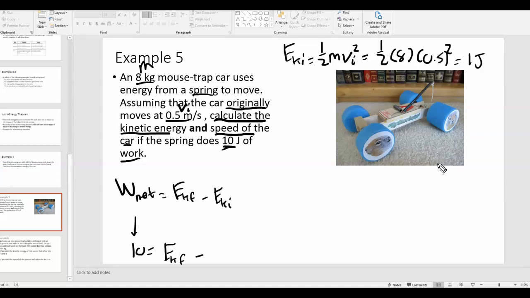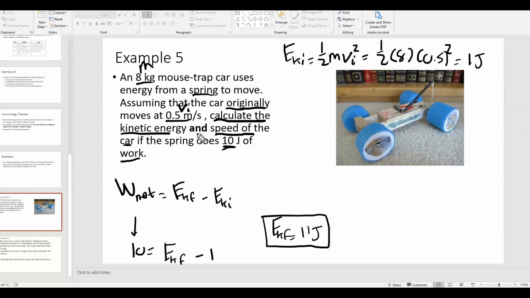Okay, and so that means the initial kinetic energy was 1 joule. Okay, so I put a 1 there for EKI. So if I add 1 to both sides, that means EK final is going to be 11 joules. Okay, so I've answered the first question.